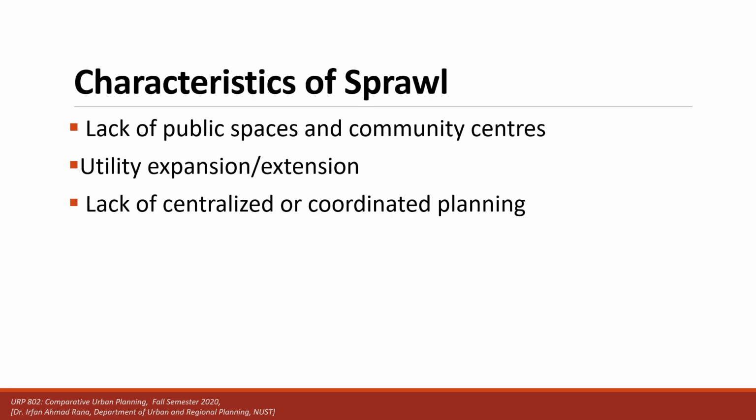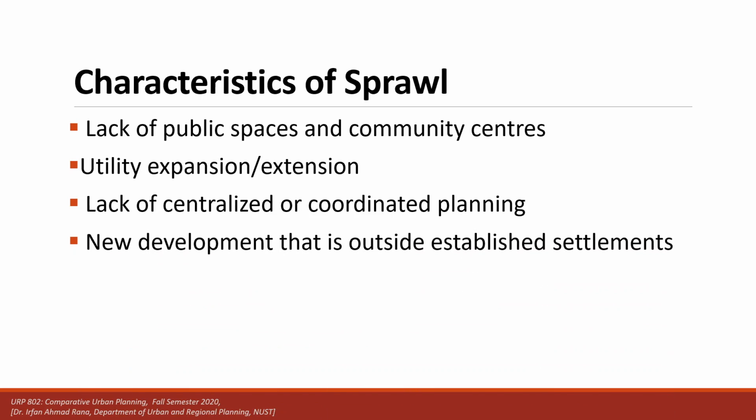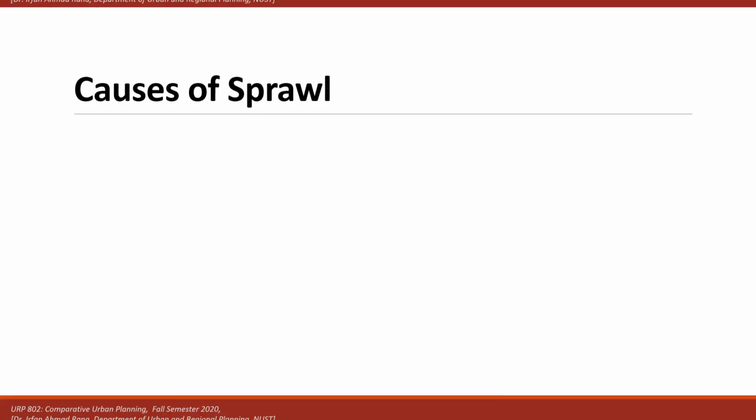If there is no centralized or coordinated planning at the local level or even at the regional level, it will encourage urban sprawl. And sometimes new development is happening outside the established areas, outside the city limits. So your city limits or your urban growth boundaries also play a very vital role in that.